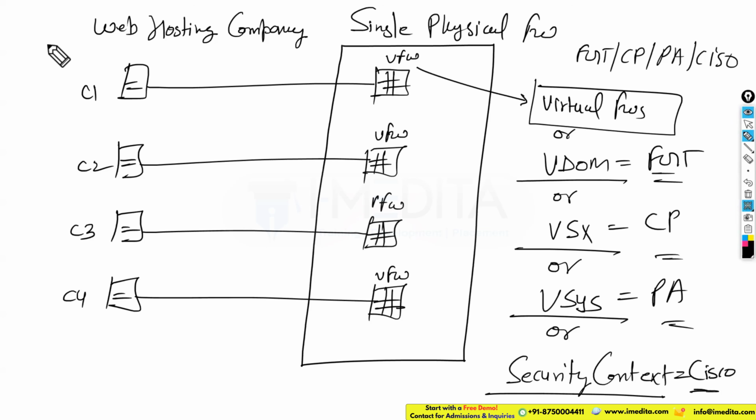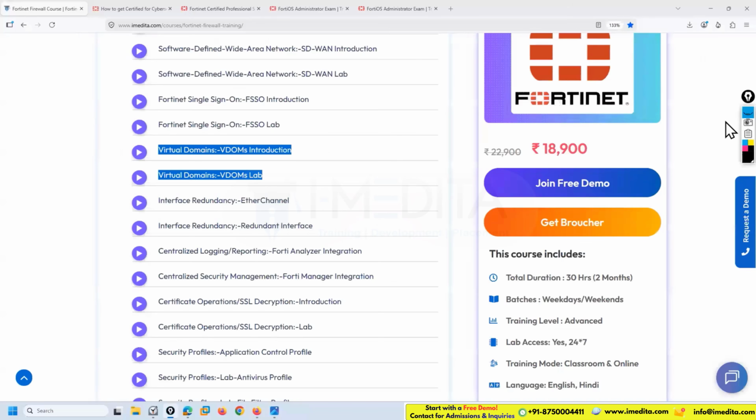Who can create and use it? Any web hosting company, or any company or organization that wants multiple firewalls at a single location. So this is our virtual firewall, or VDOM, VSX, VSys or security context.